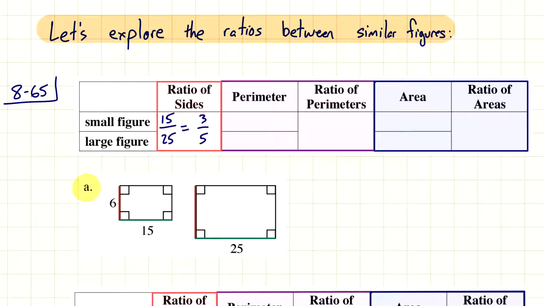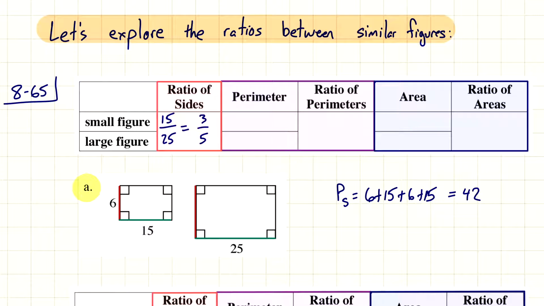Well, because this is a rectangle, we know the opposite sides are congruent, so we do know all four sides. If I calculate the perimeter of the small, S for small, it is 6 plus 15 plus 6 plus 15, which equals, I believe, what is that, 42?